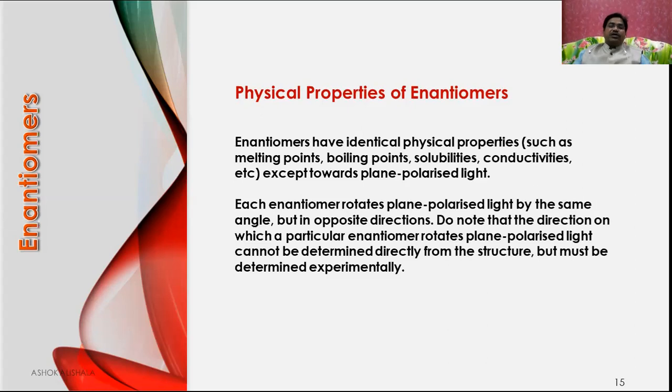Each enantiomer rotates plane polarized light by the same angle, but in the opposite direction. Note that the direction in which a particular enantiomer rotates plane polarized light cannot be determined directly from the structure, but must be determined only experimentally.